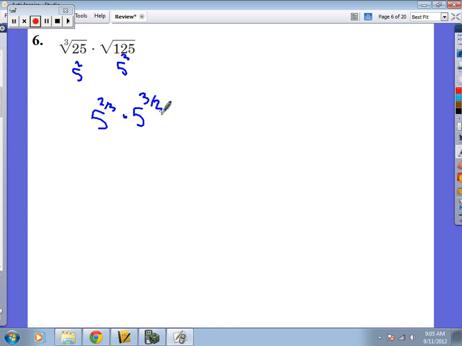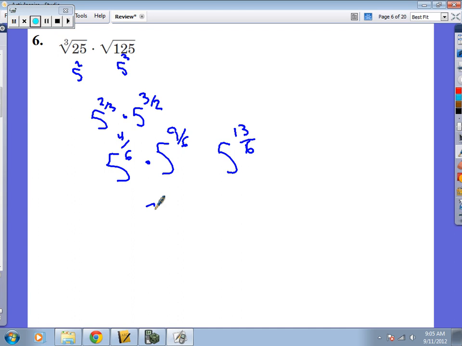And then you make a common denominator, so it goes 5 to the 4 over 6 times 5 to the 9 over 6. And then you just add them, and it's 5 to the 13 over 6.